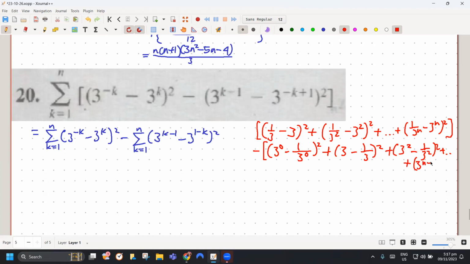Hanggang n minus 1 lang siya. Tapos may square yan, di ba? Mga squares. Plus equal to that.